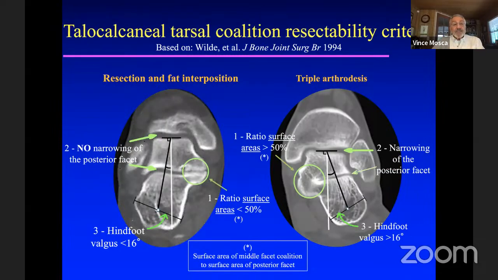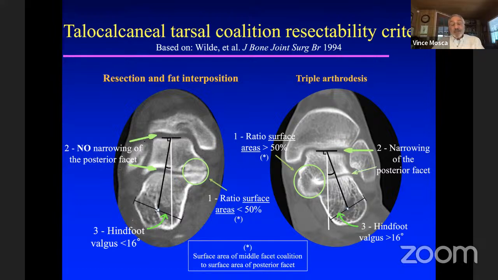And this is a busy slide, but on the left are the resection criteria according to Wild and Tirode from Australia, and on the right, their criteria for triple arthrodesis. No middle ground, one or the other. It's kind of interesting to have three criteria and only have two treatment options, to think that if someone has a relatively small coalition, that they will always have a normal posterior facet and that they will always have minimal hindfoot valgus deformity, so that could be a resected coalition.